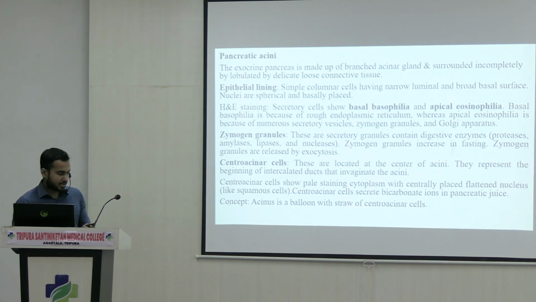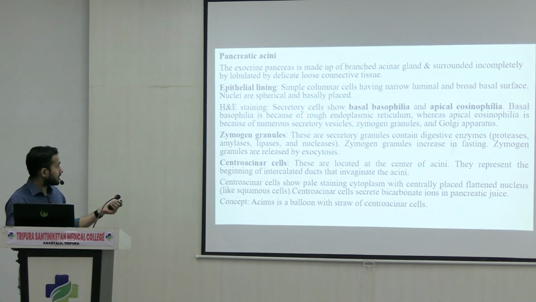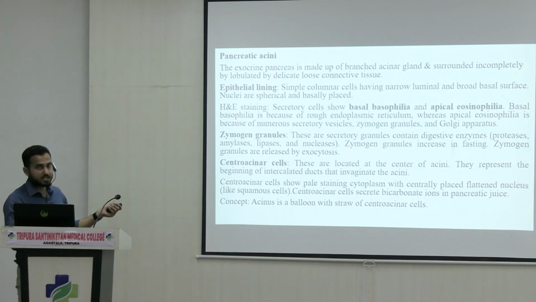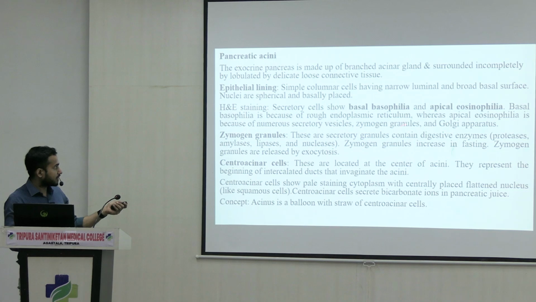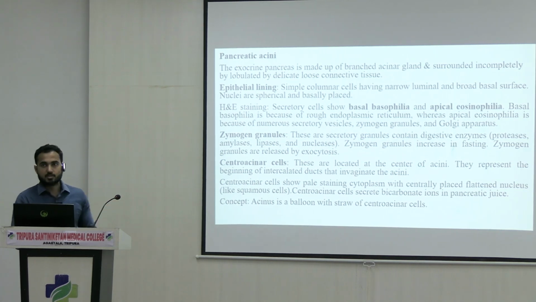Now why exactly does it appear so? The basal basophilia is because of rough endoplasmic reticulum, while apical eosinophilia is because of numerous secretory vesicles, also called zymogen granules, and Golgi apparatus.